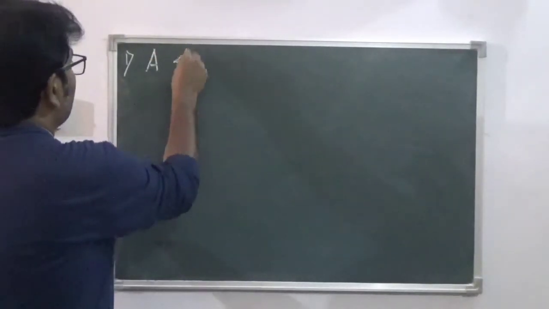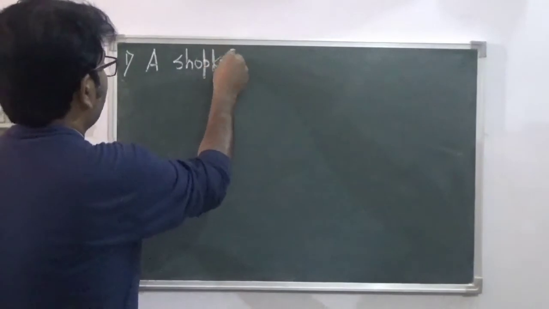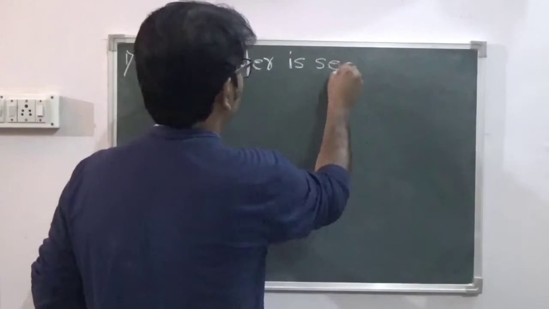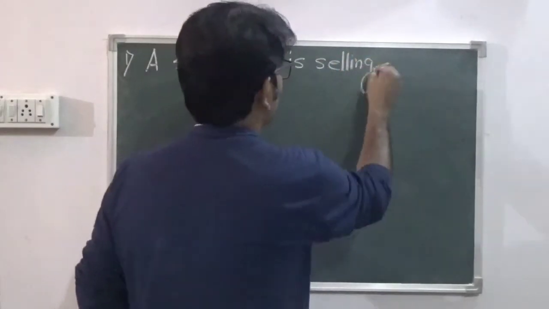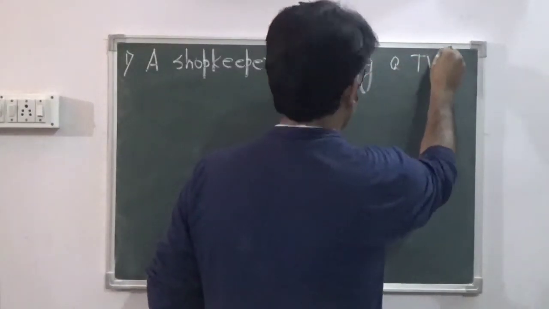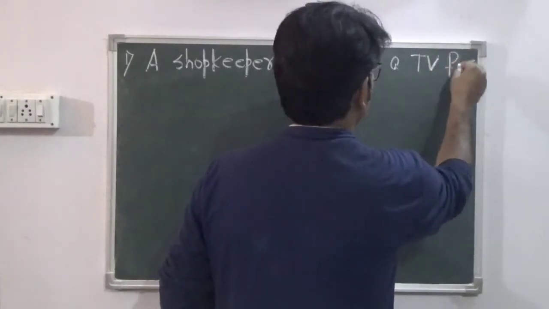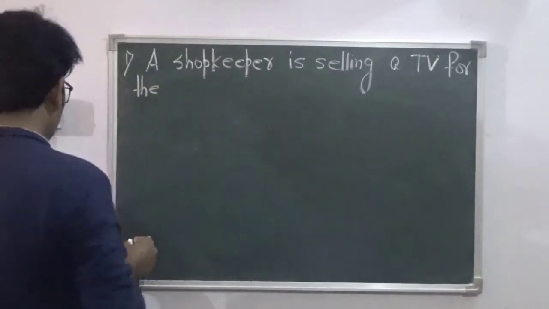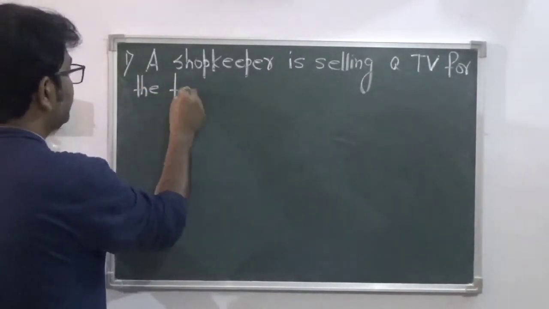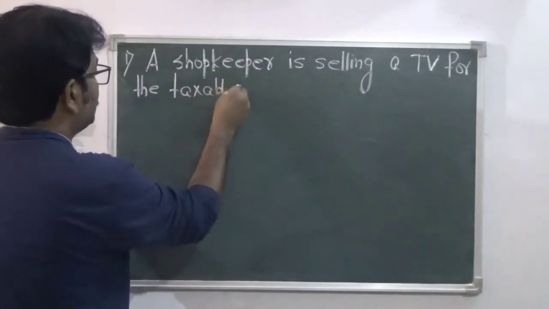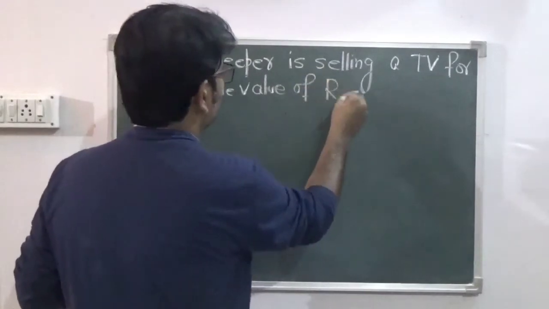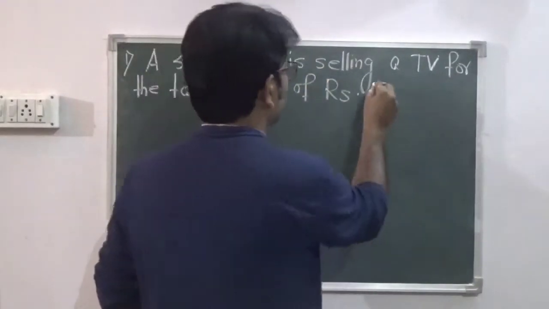a shopkeeper is selling a TV for the taxable value of rupees 30,000.